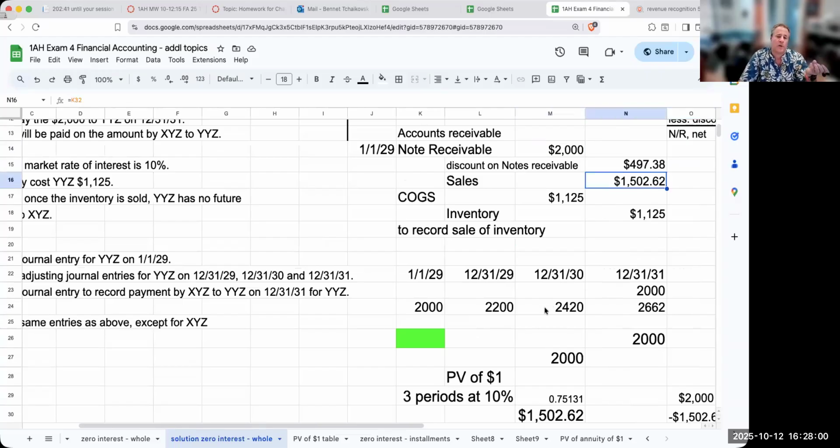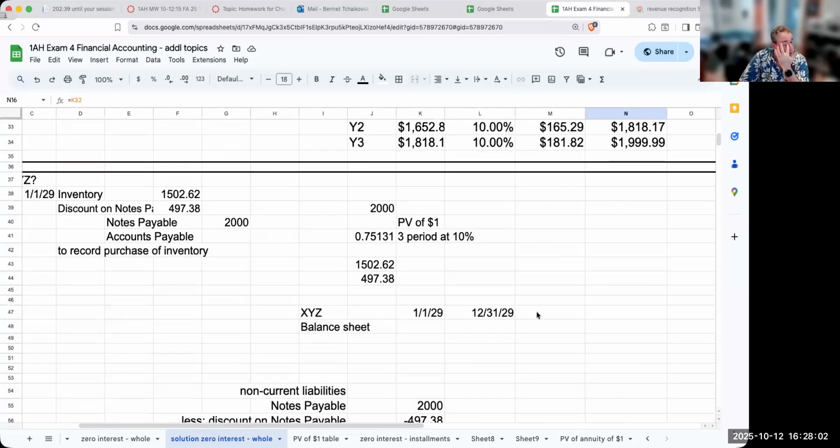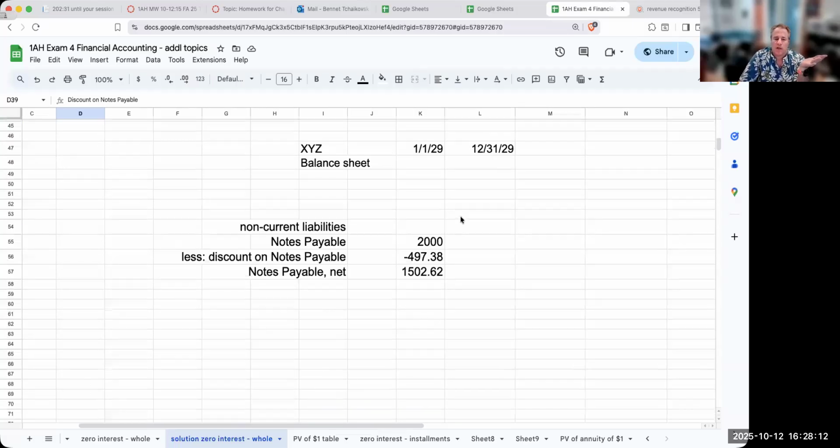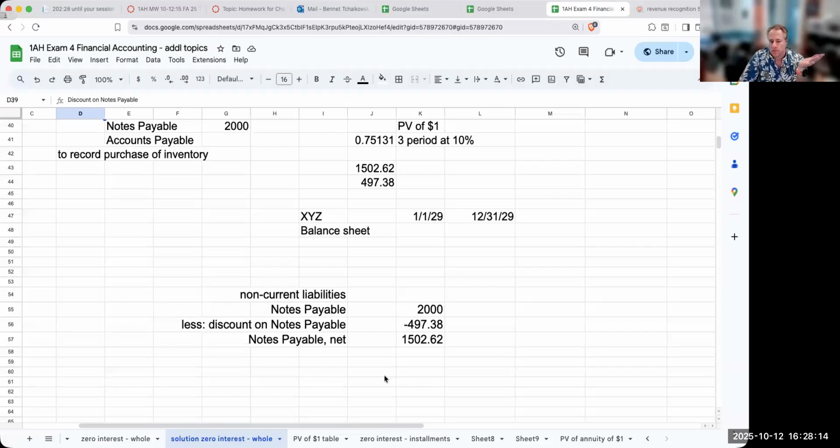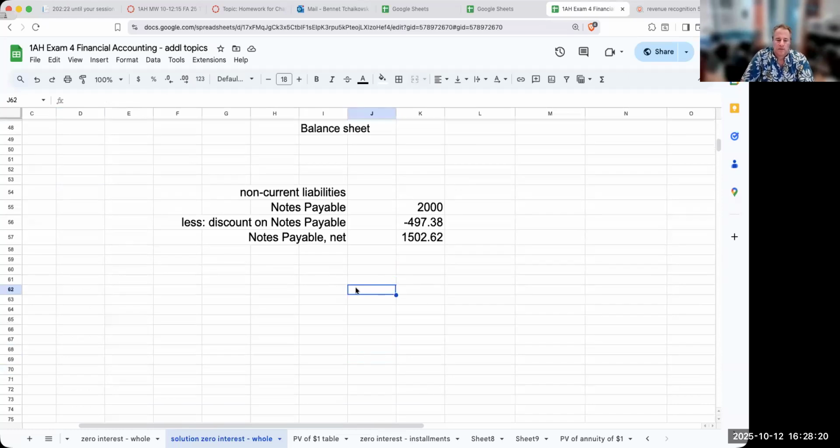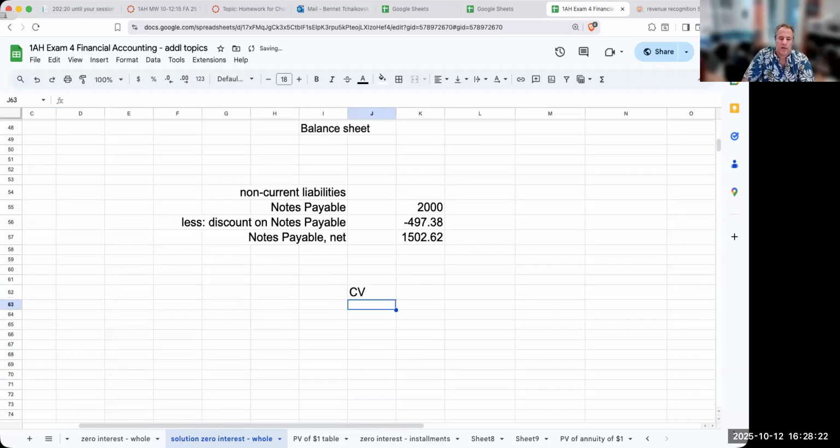So we needed to go through and recognize interest revenue. Similarly, over here, this discount on notes payable is basically interest expense. So what I'm going to need to do is record the interest expense.